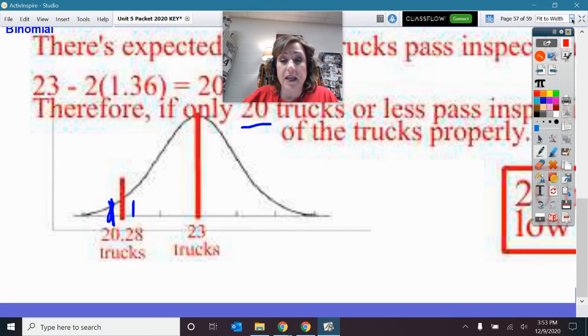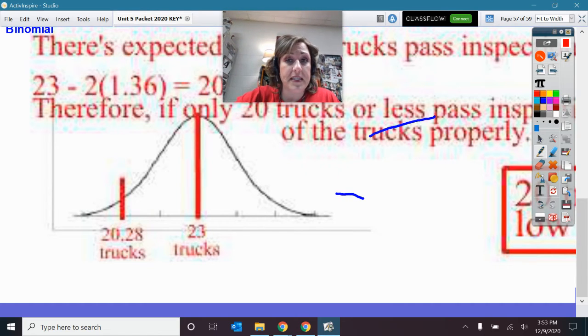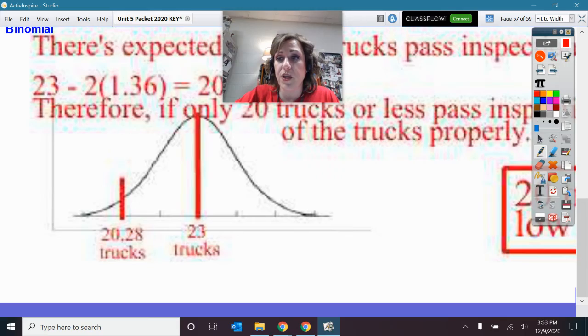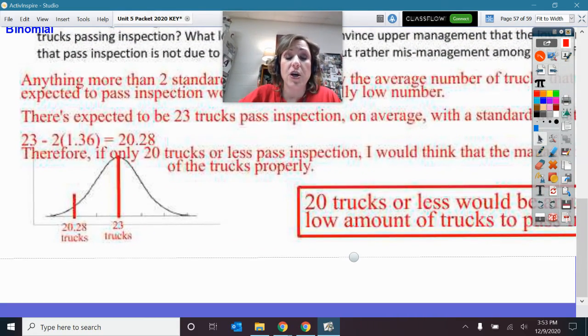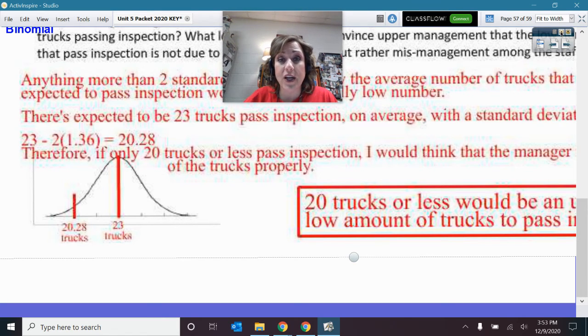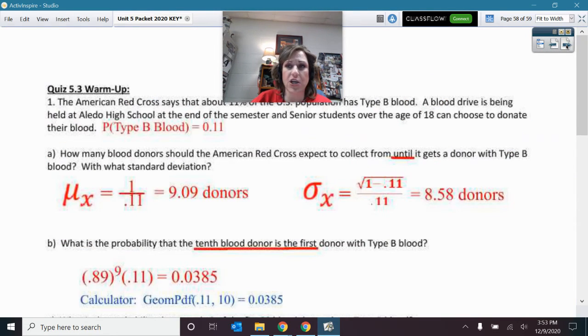That's not just your bad luck because you happen to have certain kinds of trucks. No, something is going on. There is some kind of mismanagement where you are not taking care of what needs to be taken care of. So 20 trucks or less would be an outlier low amount that pass inspection. All right, let's go with this warm up.